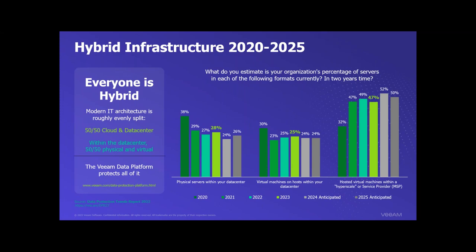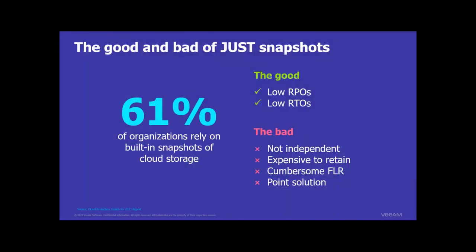Let's then talk about if that data is running in the cloud, what are organizations doing about it? In our Cloud Protection Trends report, another research report that we sponsor, we found that 61% of survey respondents rely on built-in backups of cloud storage. So that means that when we ask, how are you backing up your Azure VMs? The answer is often, I'm scheduling snapshots.